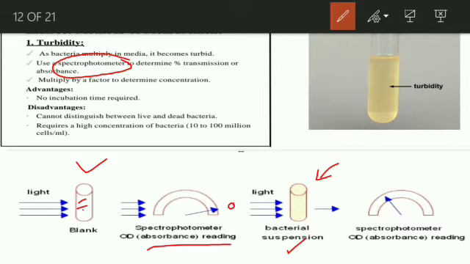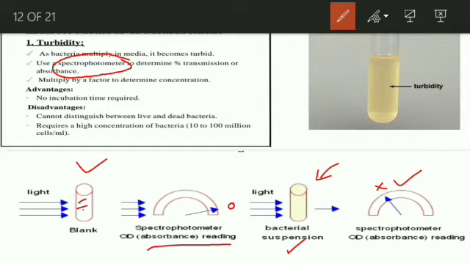When we keep the bacterial suspension, the spectrophotometer gives an absorbance reading at 650 nanometers as some value. That reading is noted down, and we will take these kinds of readings every half an hour or 1 hour.